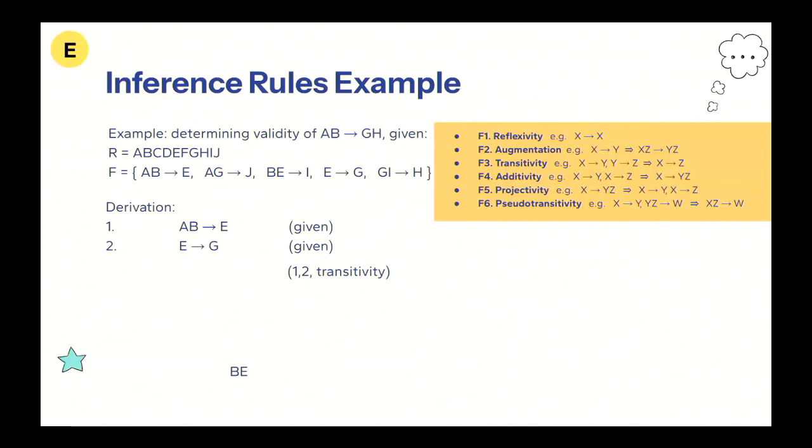AB can determine E, AG can determine J, BE can determine I, E can determine G, GI can determine H. And let's try to derive something here.